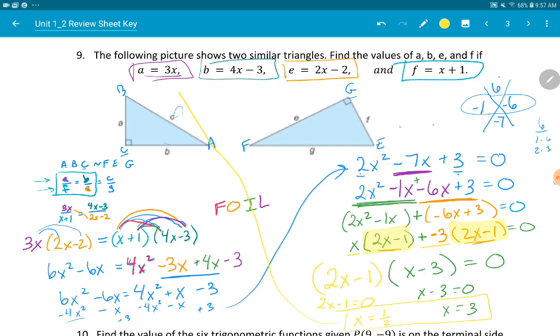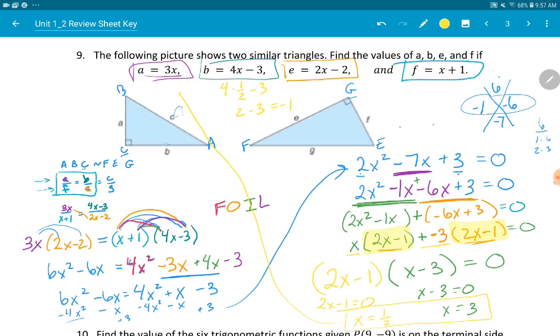If x equals 1/2, then when I plug it into this one, for example, 4 times 1/2 minus 3 is 2 minus 3, which is negative 1.